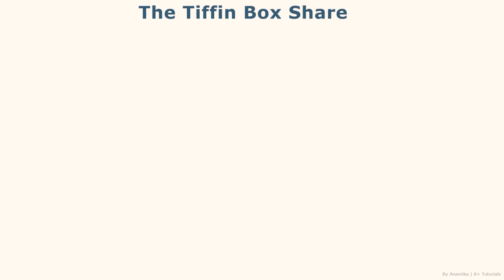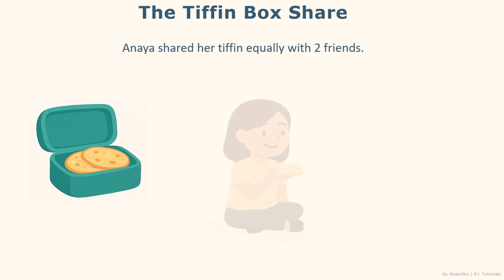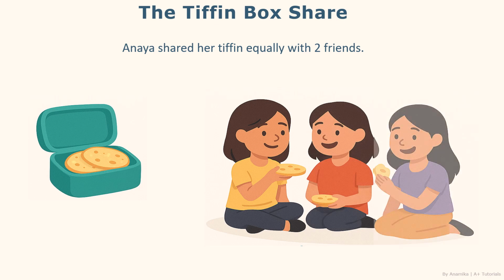Let's try a fun one. Anaya brought some yummy parathas in her tiffin, and she decided to share them equally with two of her best friends. So that makes 3 girls in total. Each one got 1 divided by 3 of the food. Now tell me, can we write this as a fraction? Of course, it's 1 by 3.